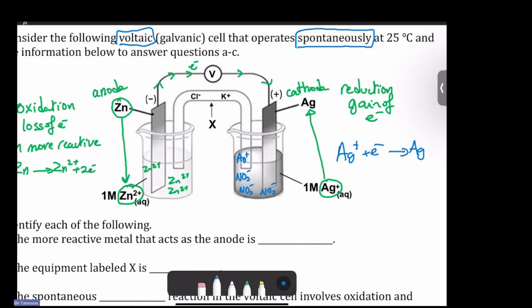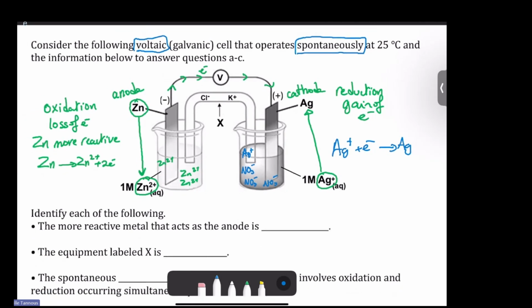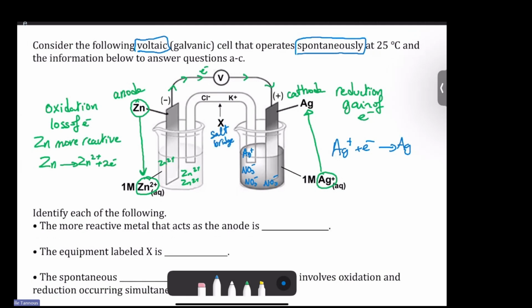Meanwhile, what happens inside the salt bridge? To maintain the ion neutrality in the cell, the salt bridge will send positive ions to this side, since we consumed the positive silver ions.